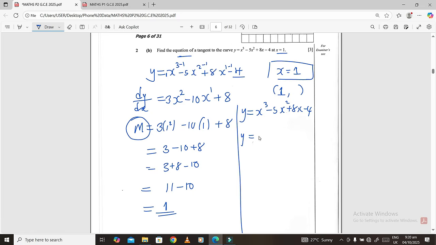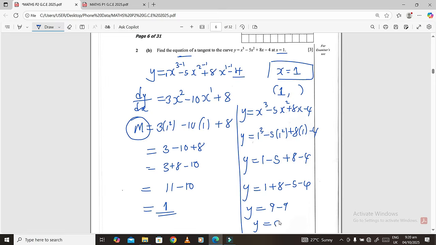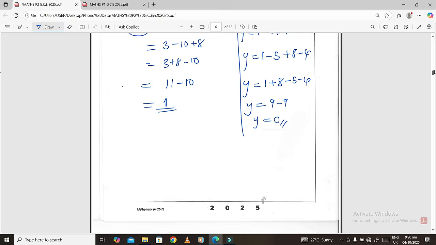So y is 1 power 3 minus 5 times 1 power 2 plus 8 times 1 minus 4. This will be y is equal to 1 minus 5 plus 8 minus 4, which is equal to 1 plus 8 minus 5 minus 4. So y is equal to 9 minus 9, which gives us a 0. So here it's a 0, and 1 comma 0 is the point.